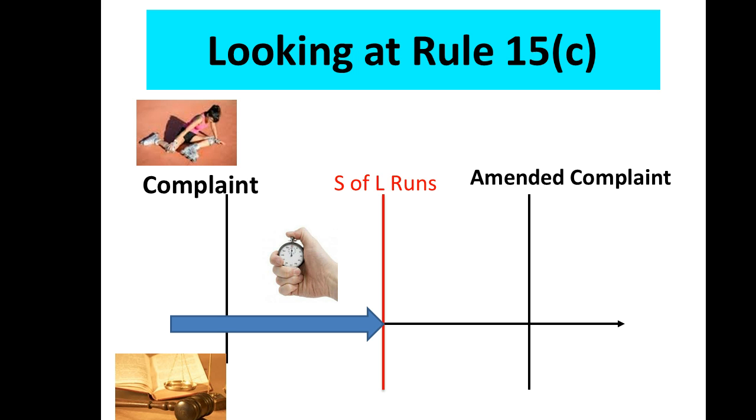What date does the amended complaint carry? Can it carry the date of the actual complaint? Or can we pretend that it really was the date of this complaint, the one that actually fits within the blue bar period, before the statute of limitations ran? Note that 15C does not actually address whether she can amend or the process for amendment. It's addressing that discrete issue of what date she should get through amendments.